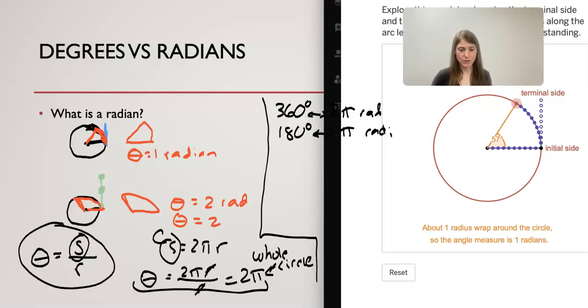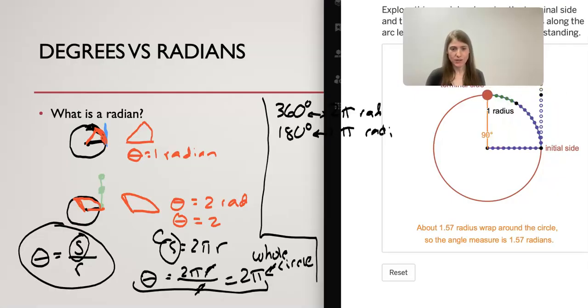And notice that if you see 1 radius, that's about what we were seeing here. So you can see that 1 radius wrap, or an angle of 1 radian, is about 57 degrees. We'll come back to that idea as well. But if we go to 2 radius wraps, or 2 radians, that is about 115 degrees.